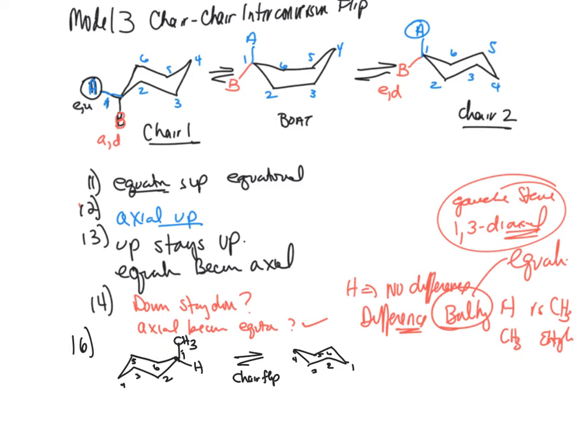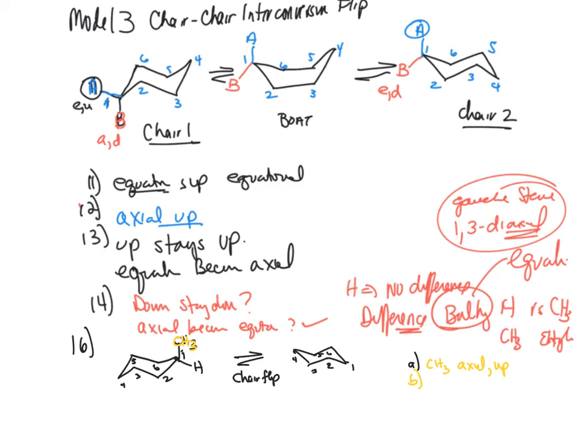Okay, now 16A. Identify whether the methyl group is in the axial or the equatorial position. So this methyl group, it's axial, right? Axial up. B. Complete the drawing on the right showing the structure that is formed after the chair has flipped.